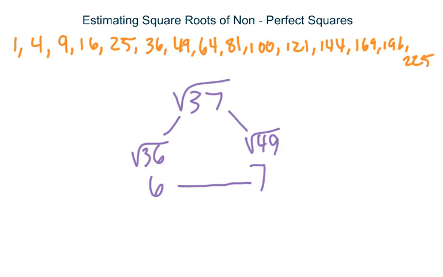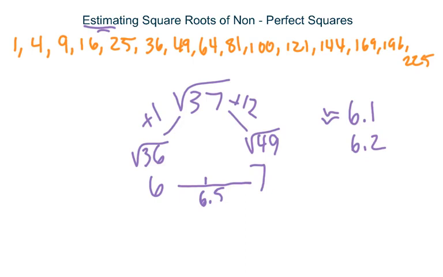So I actually have to determine which number 37 is closest to, 36 or 49. Well, it's only 1 away from 36, and it's 12 away from 49. So that tells me that it's going to be closer to 6, my final answer. So I would say acceptable estimates, once again, we are estimating, I'd say an acceptable estimate would be something like 6.1 or maybe 6.2.